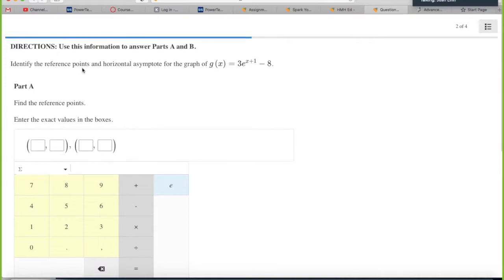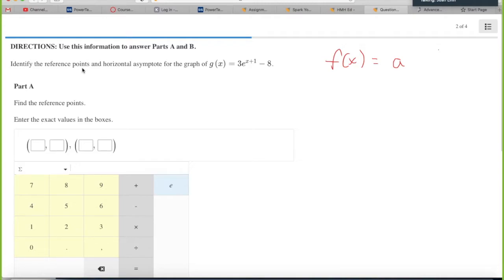Identify the reference points and the horizontal asymptote for the graph g of x equals that. Remember, our generic function is f of x equals a.